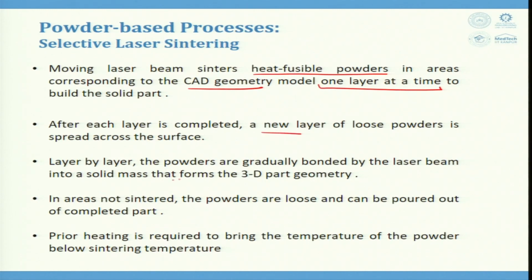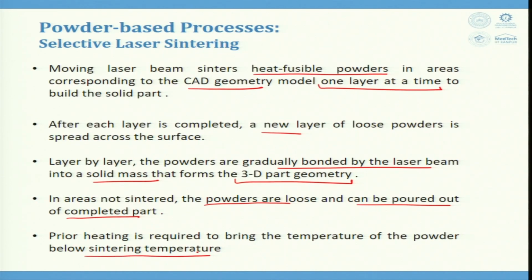Layer by layer, powders are gradually bonded by the laser beam into a solid mass that forms a 3D part geometry. In areas not sintered, the powders are loose and can be poured out of the completed part. Prior heating is required to bring the temperature of the powder below the sintering temperature, that is preheating is also required here.